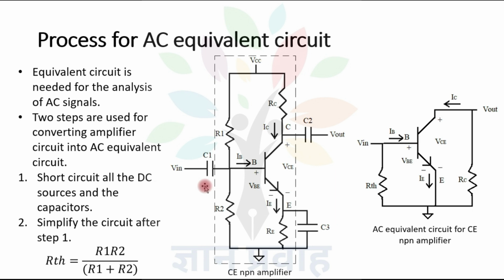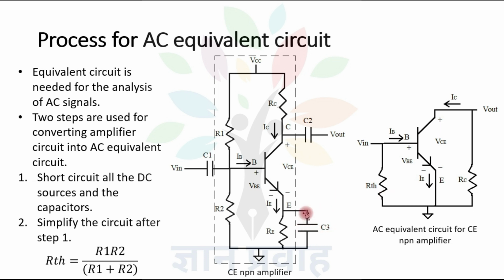And for AC analysis, C1, C2 and C3, these are in short circuit or simply passing input signal to this DC biasing circuit. So here this capacitor is the bypass capacitor.